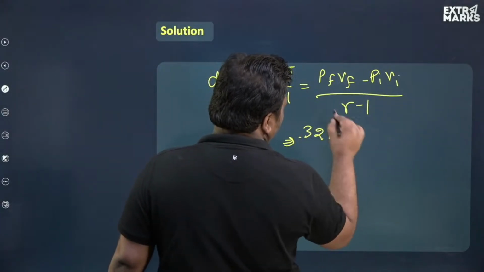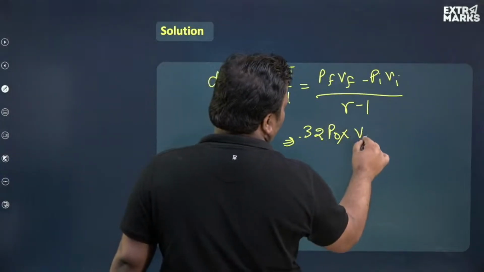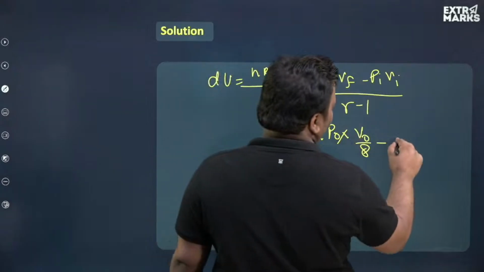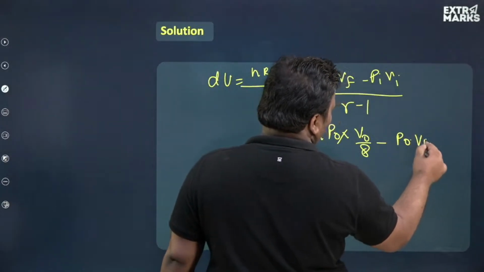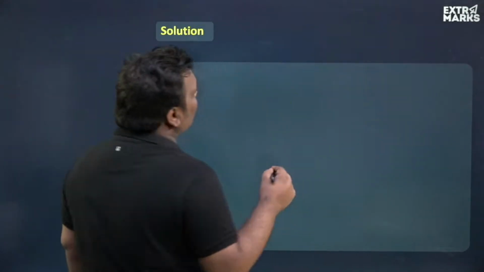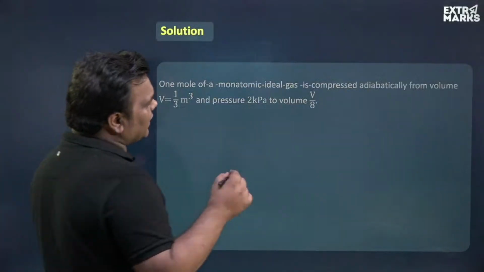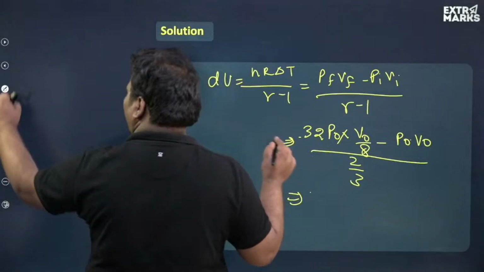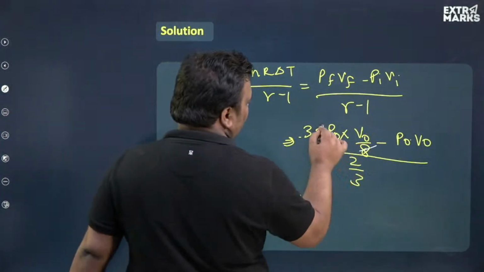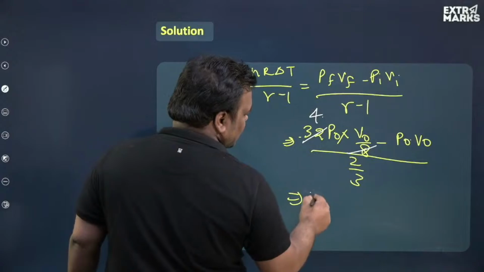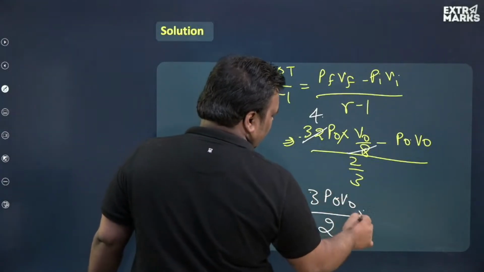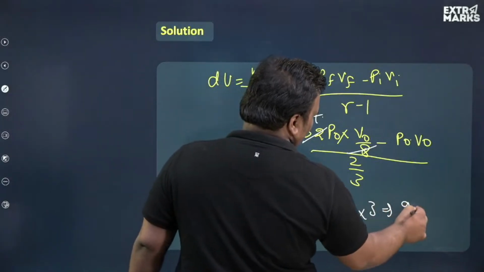V final is V naught by 8, minus P initial is P naught times V naught, divided by gamma minus 1. Gamma was 5 by 3, so it will be 2 by 3. We can easily cancel 8 to 4. That means 3 P naught V naught divided by 2 into 3, 9 P naught V naught by 2.